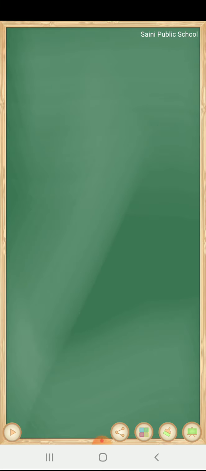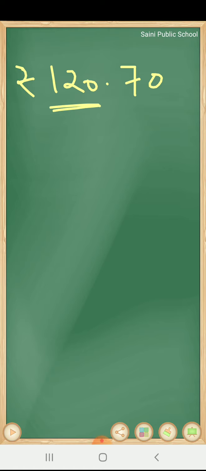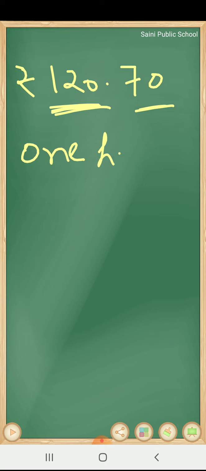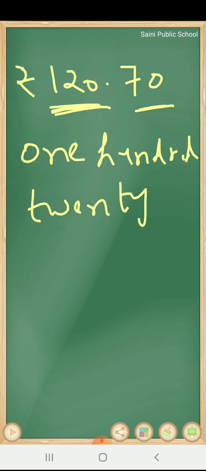Let us discuss one more example. Suppose we want to write 120.70. How will we write it? First of all, we will write the left number in rupees and then paise. So write this number, 120 rupees.